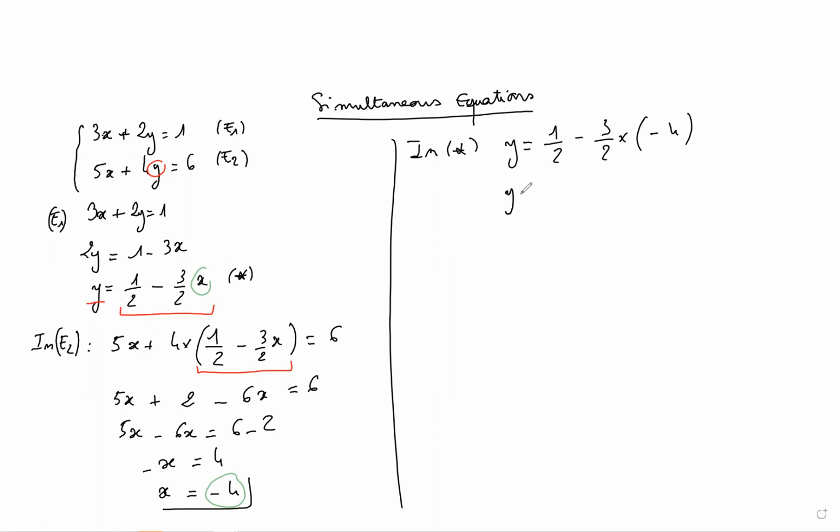And I get y is equal to 1/2 plus 6, which means y is equal to 13/2. And your solution is a couple of coordinates, where x is equal to -4 and y is equal to 13/2. And it's done.